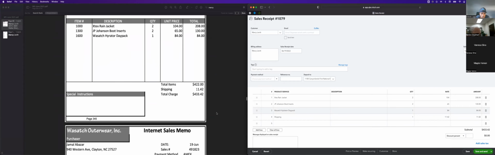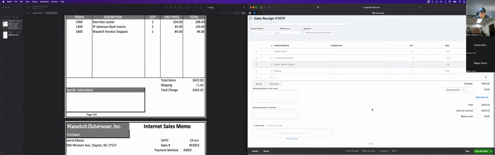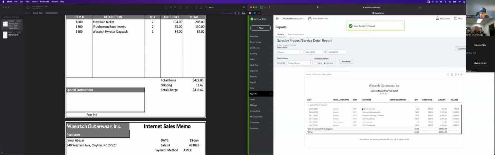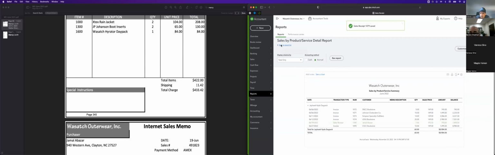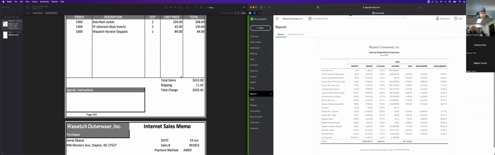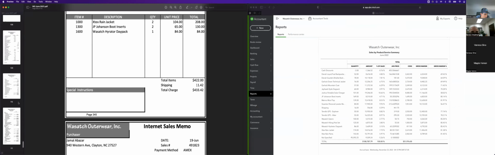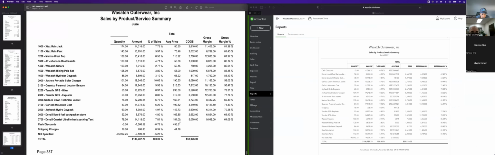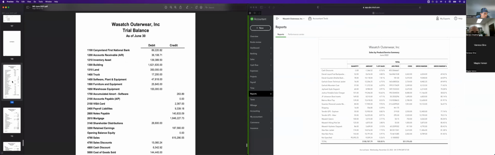That puts us at 433.42. Yeah, we'll have to save and close that. Get back to our cheat sheet. Now we're right on.